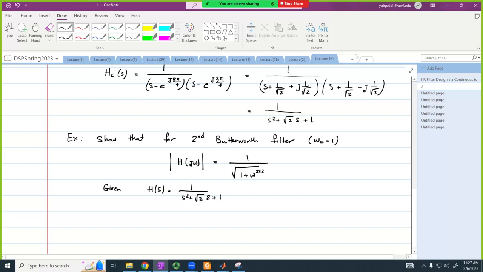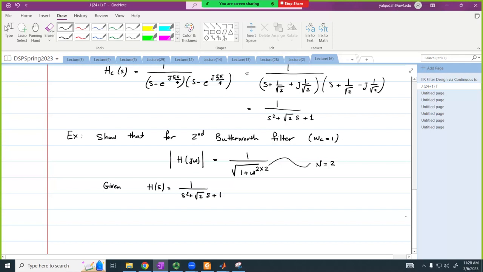What's the exponent for the omega? It's 2 multiplied by n, and n in this case is 2.